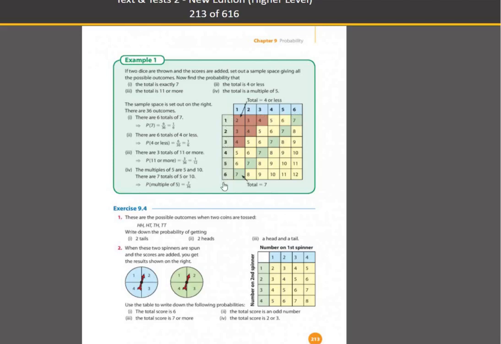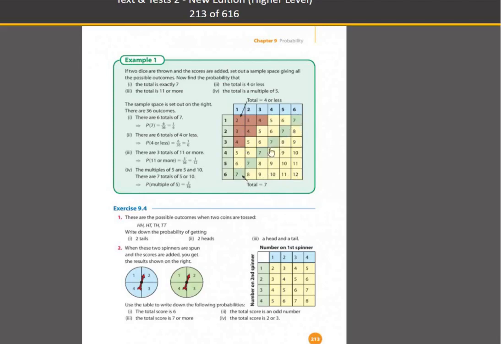We might be asked here, work out the probability that the total is exactly 7. Well, within our sample space, this is the total number of outcomes that we can have by throwing these 2 dice. How many times is 7 recorded?